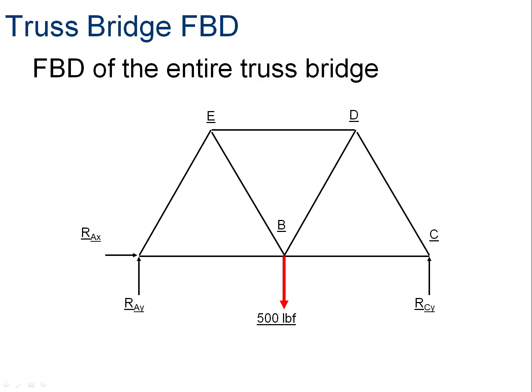You'll notice that the pin was replaced with that reactionary force at A in X, reactionary force at A in Y. The roller was replaced with the reactionary force at C in Y. And then my 500-pound weight was represented just by 500 pounds in the middle. Pretty easy.